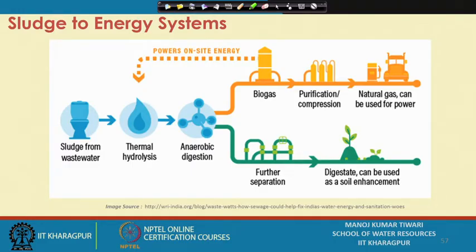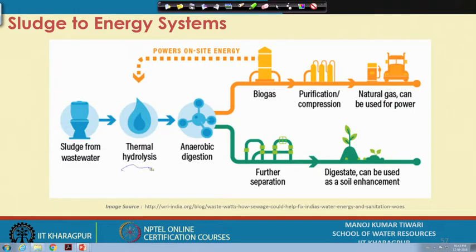So, if we see the sludge to energy system, the sludge that we get can go through thermal hydrolysis or anaerobic digestion. Through anaerobic digestion we can generate biogas, which after purification and compression can be used as natural gas, and the digested solid can be used for soil enhancement in the form of compost.